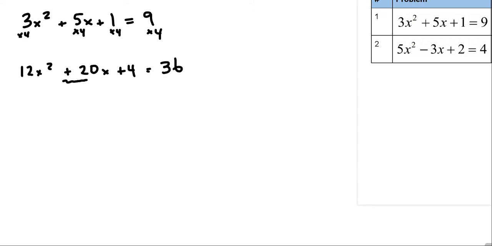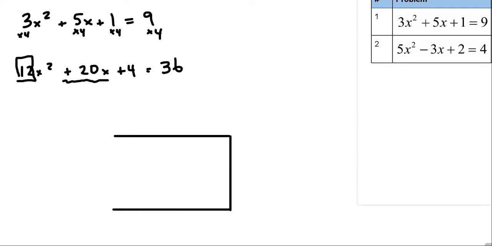When we do our box, we can split this 20 into 10, but we want this first number to be a perfect square so that when we figure out our numbers that produce that, they're the same. That's not going to be pretty. So what we're going to try to do is multiply this whole thing again by the number we started with here.